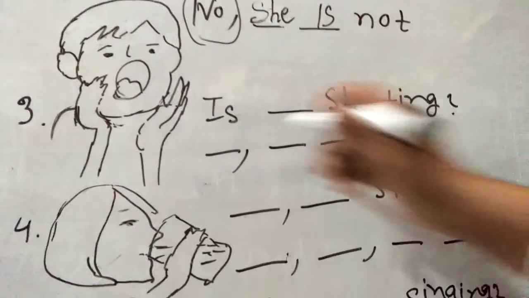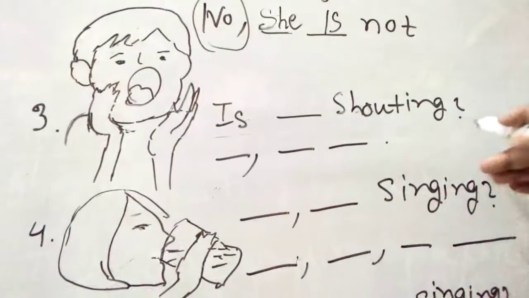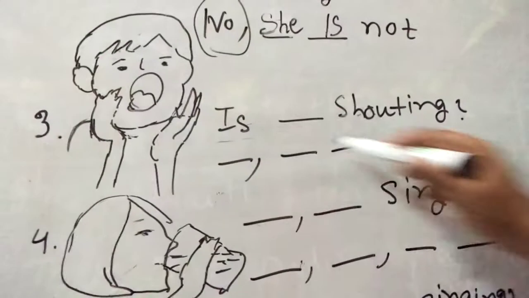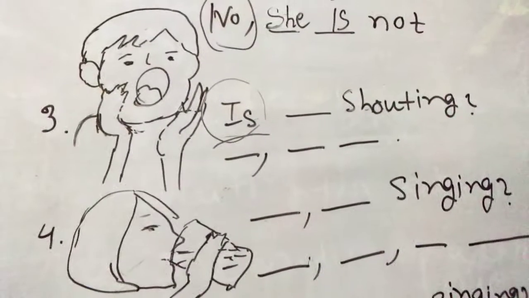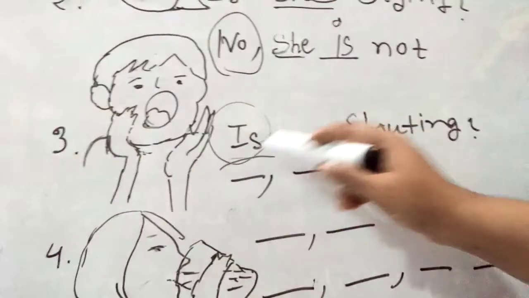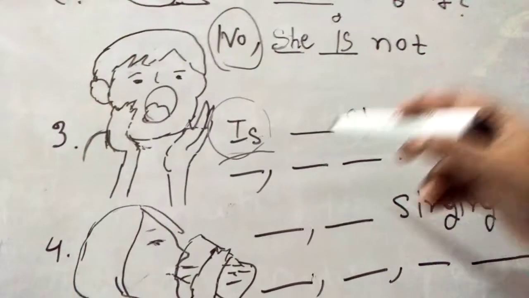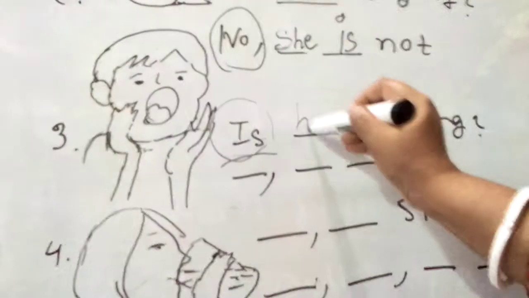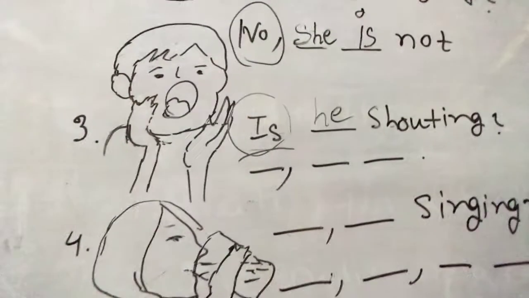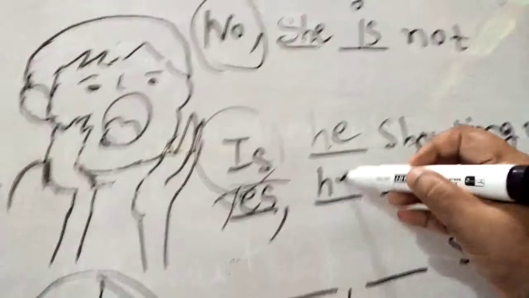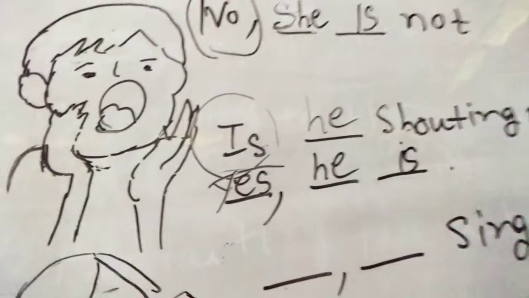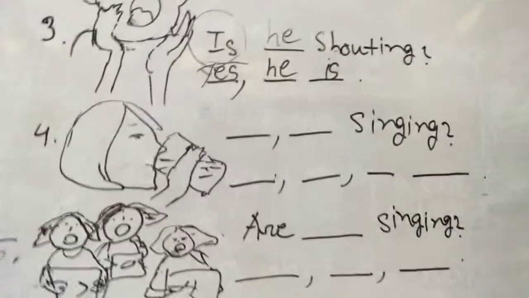As it is in a question pattern, the auxiliary verb comes at the very first place. After the auxiliary verb, what should I put? He or she? Of course, it's he. So, is he shouting? Yes. If it is yes, then write yes, he is. Okay, it's done. Now coming to number 4.